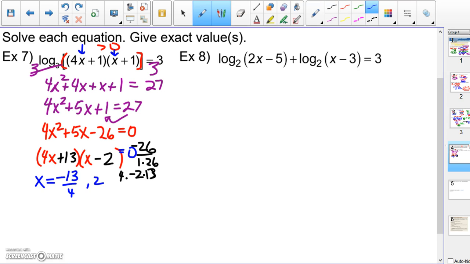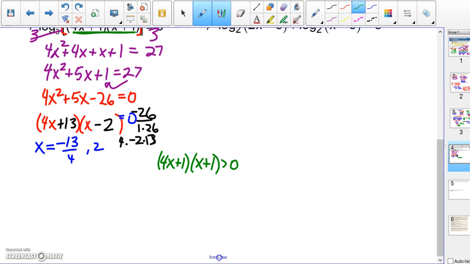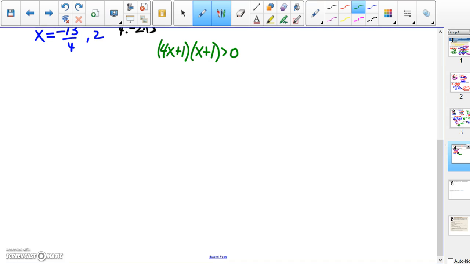What we would do is say, okay, this expression, 4x plus 1 times x plus 1, has to be greater than 0. I believe we did this a chapter or two ago, where we found the zeros were negative 1/4 and negative 1, and we thought about that on a number line.